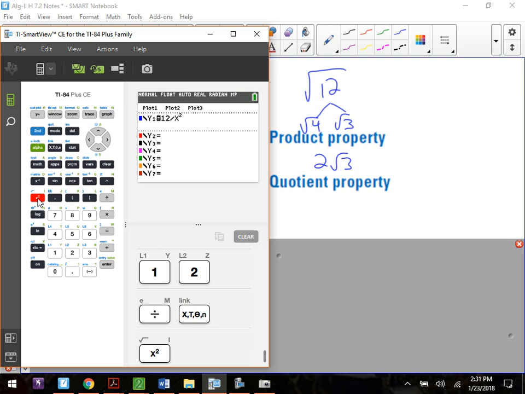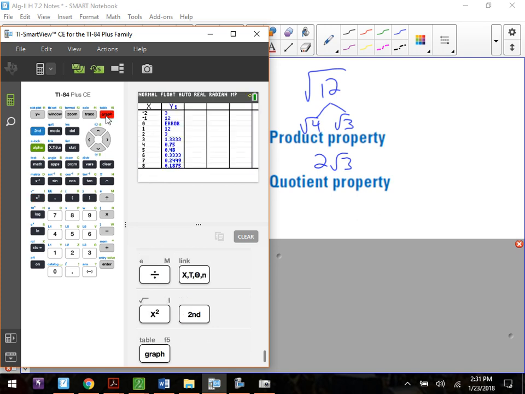I can't divide by 0, so that's why that's an error. But 12 divided by 1 squared is 12. 12 divided by 2 squared is 3. 12 divided by 3 squared is 1 1/3, and so on.